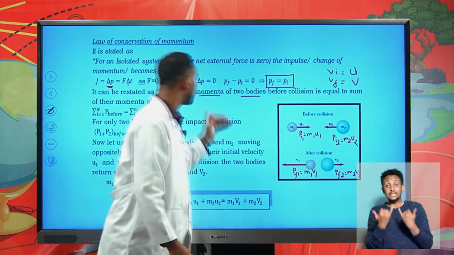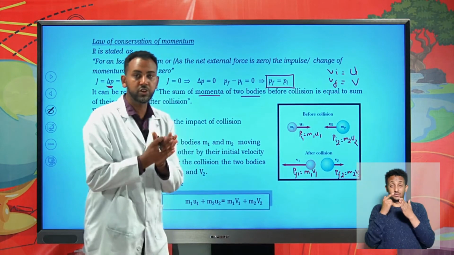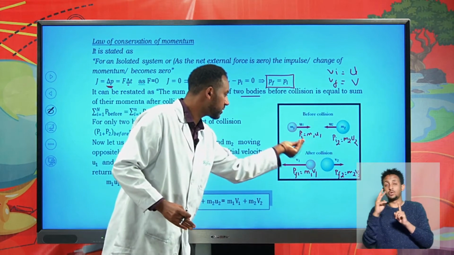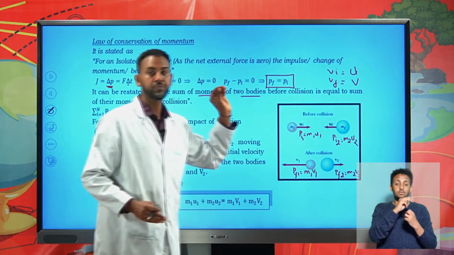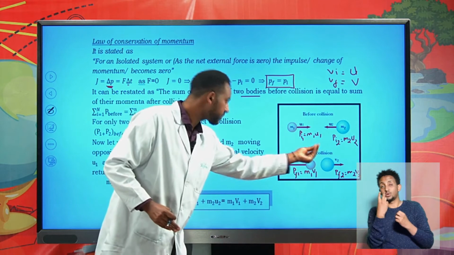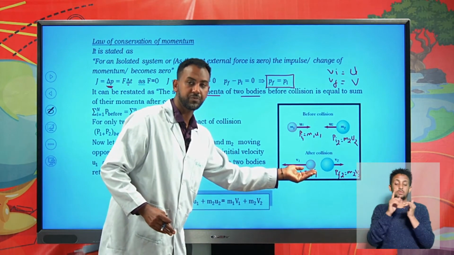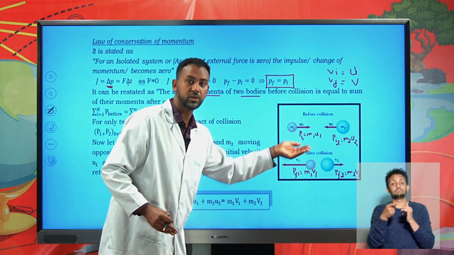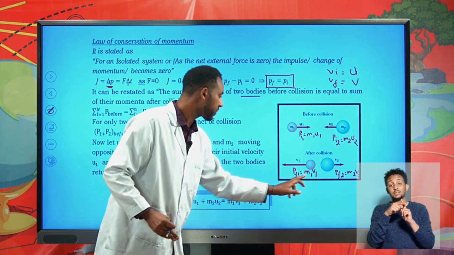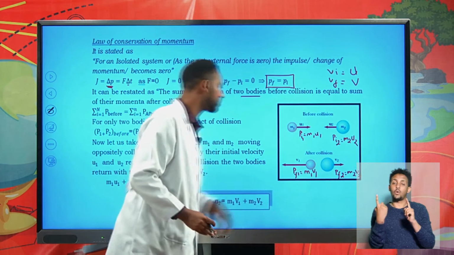Now, the law of conservation states that the summation of the momentum before collision, the momentum of mass 1 and mass 2, is equal to the summation of momentum after collision, which is m1 v1 and m2 v2.